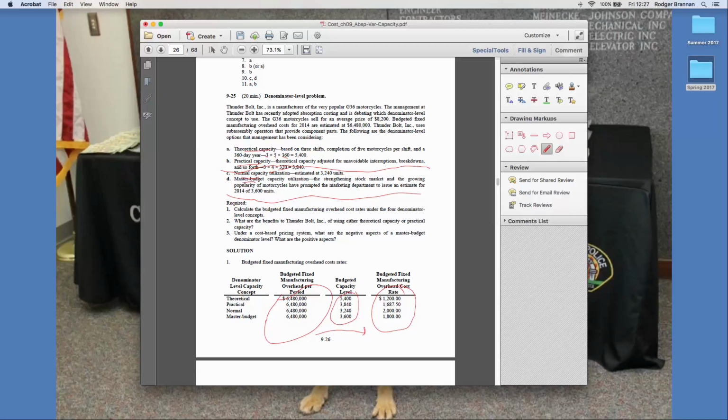It also explains, as I kind of alluded to in class, why some companies are very reluctant to expand production, because they know that production cost, particularly something like fixed manufacturing overhead, is not a linear cost. In most cases, it is a huge step cost.